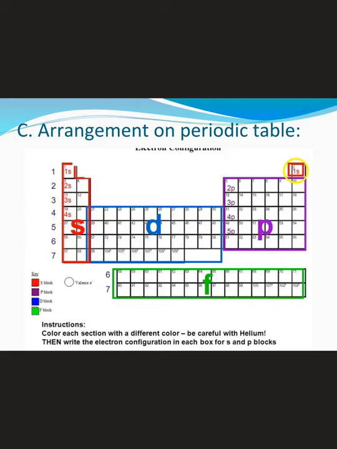Then you have the p orbital, which is over on the right hand side there, and then the d and f. We're not going to be concerned about the d and f orbitals. That will be for later chemistry. But the maximum number of electrons that can fit in an s orbital is 2. And then in a p orbital, the maximum number is 6 electrons.